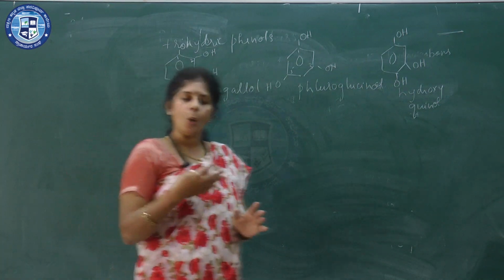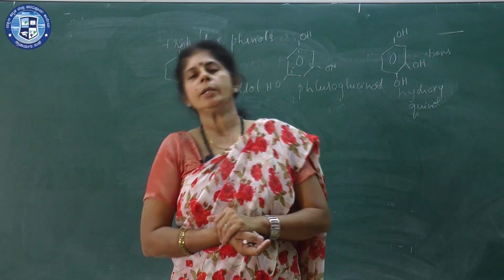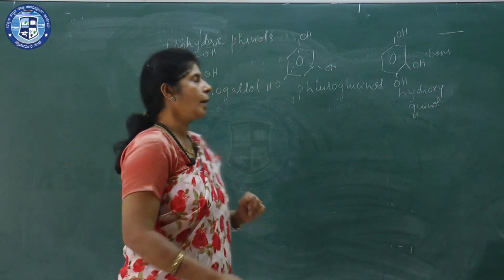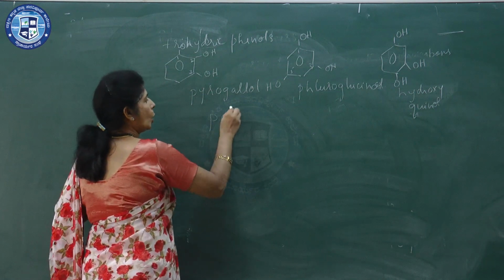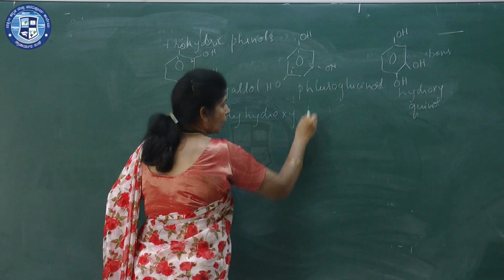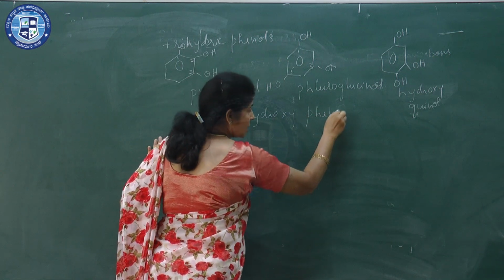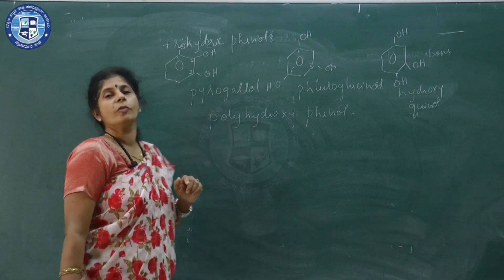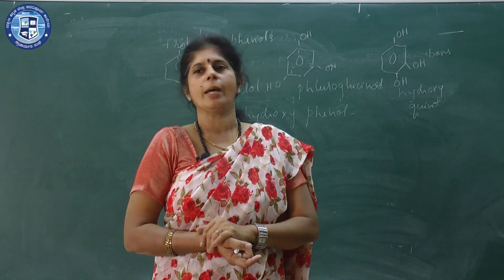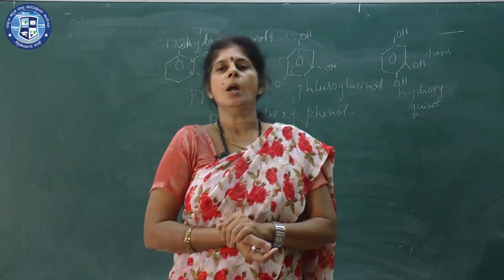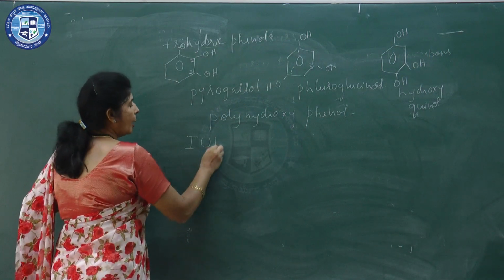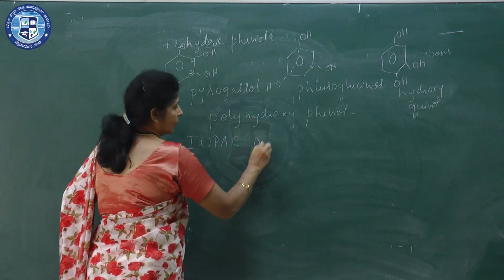And if more than 3 OH groups are attached, then they are known as polyhydroxyphenols, meaning the number of hydroxy groups present in the phenol is more than 3.